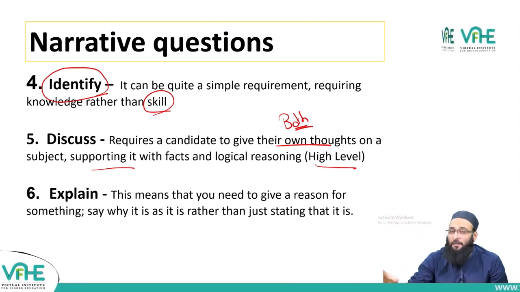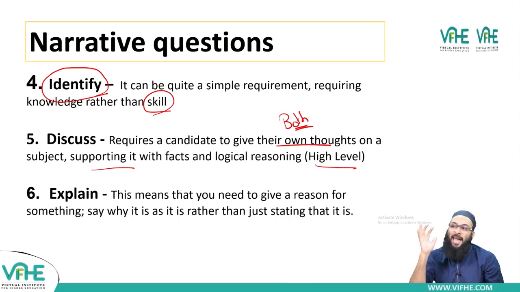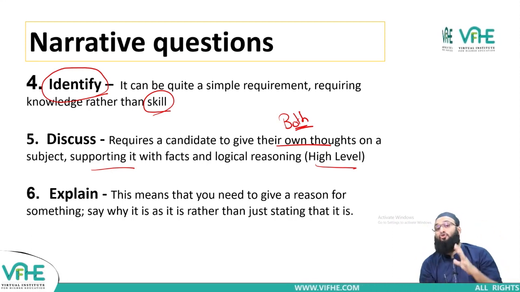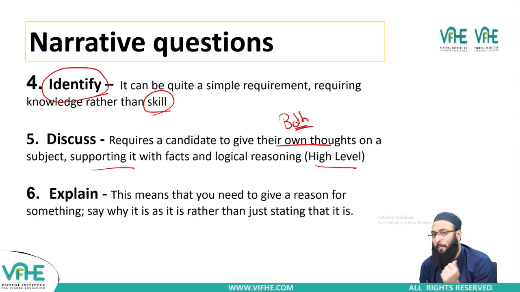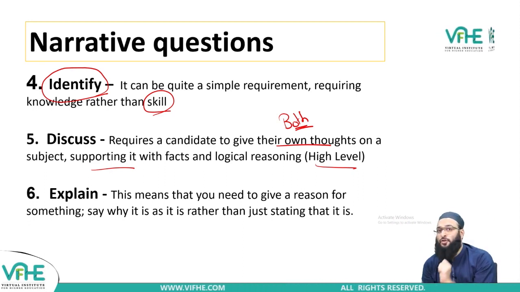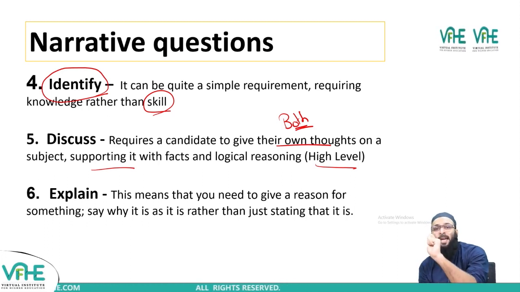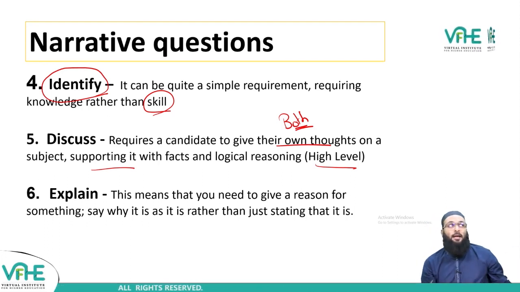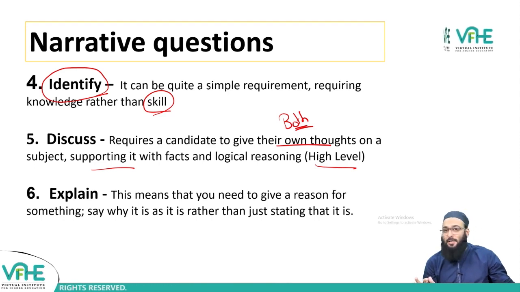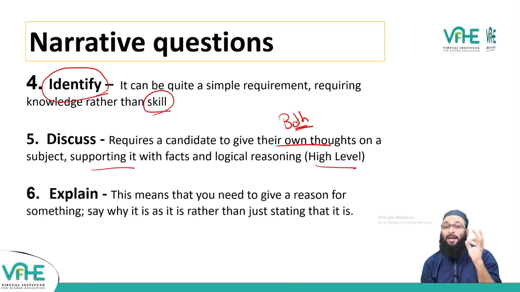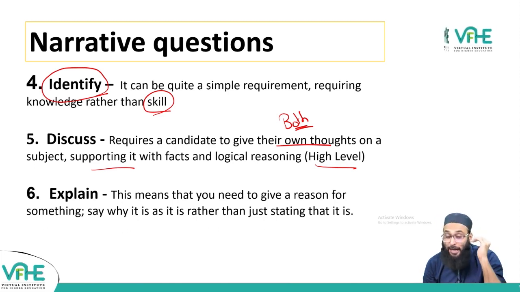This is not enough. If the question says explain the drawbacks of zero-based budget, you cannot just mention point number 1, zero-based budget is a time-consuming activity. If you think you will get marks for that, you are wrong, because the verb is to explain.